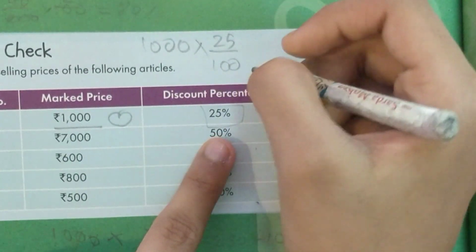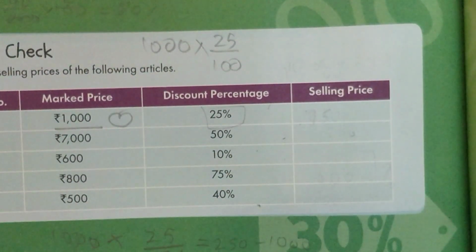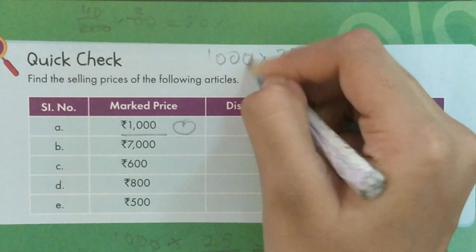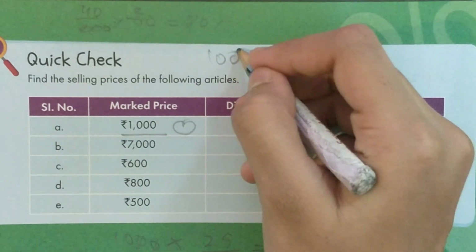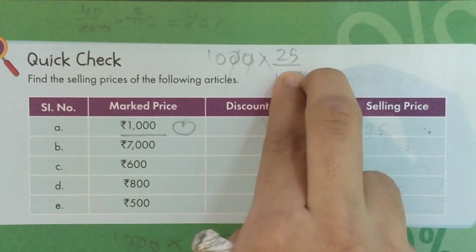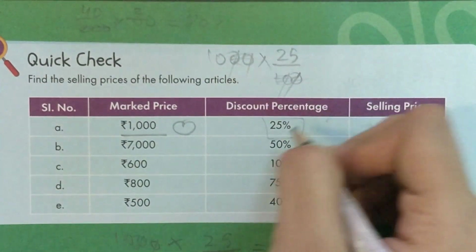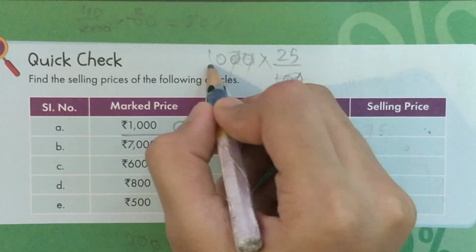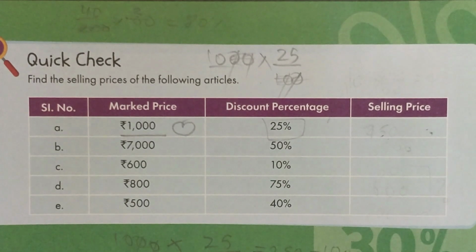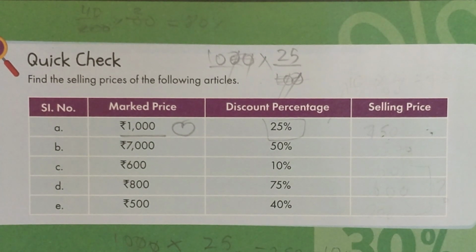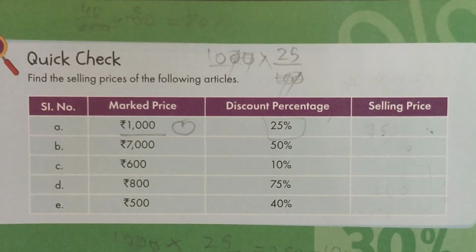I told you about the striking method, right? Strike this 0, this 0, this 0, this 0. But remember, it should be in pairs, so there are none of the two zeros that we need anymore. So it's 10 into 25, and 10 into 25 is 250.